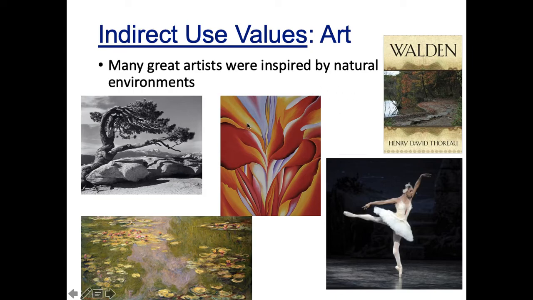This one right here is Georgia O'Keeffe, who was an American painter, famous for painting a lot of different flowers and southwestern landscapes. And then some of you may recognize this person. This is Misty Copeland doing Swan Lake. And she is the first African American principal ballerina in the United States for the New York City Ballet.